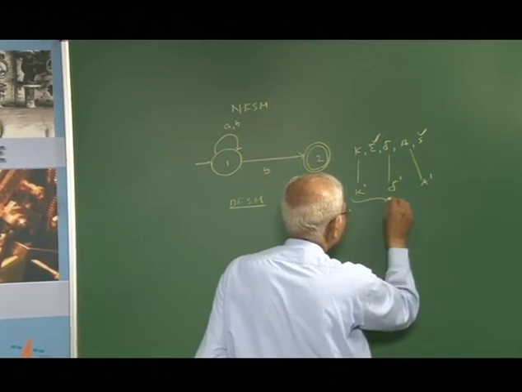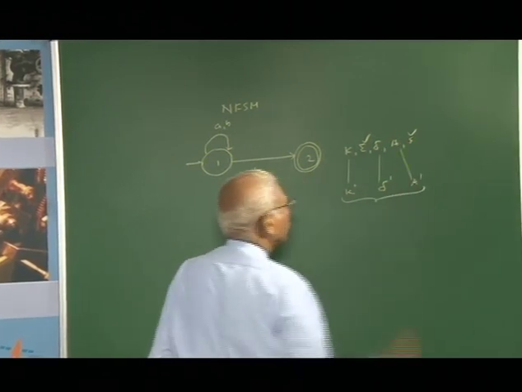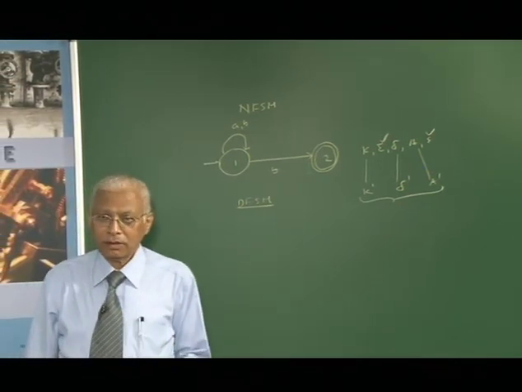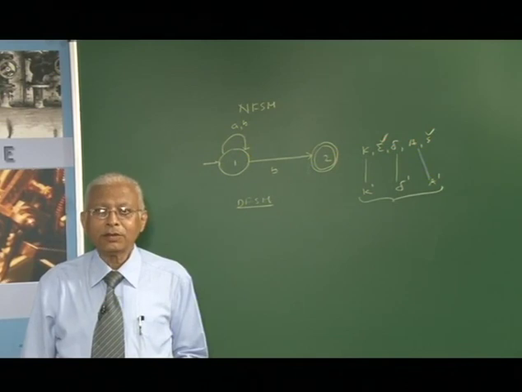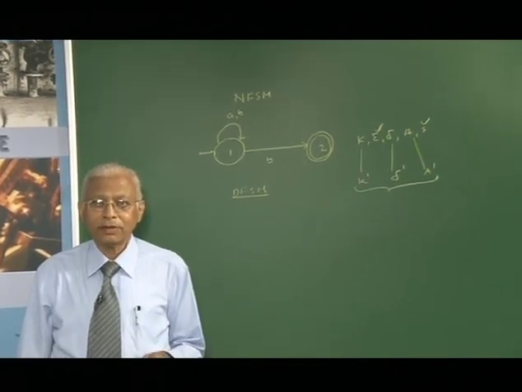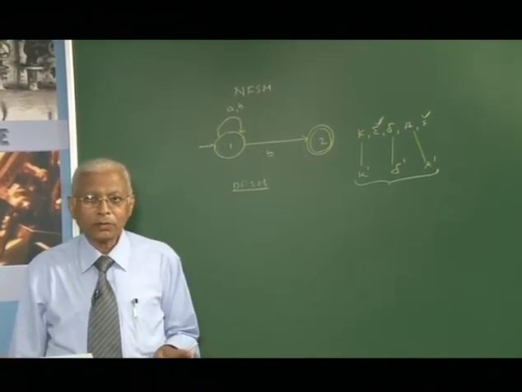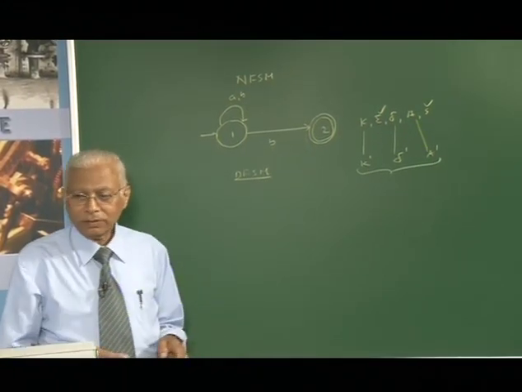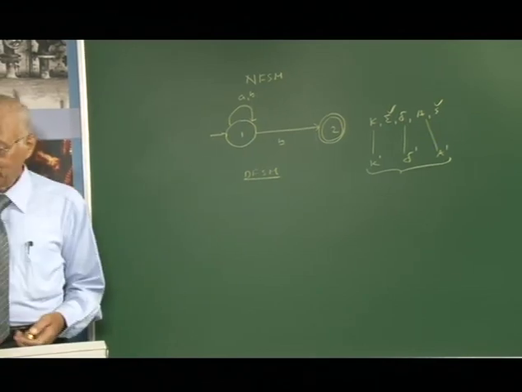The start state of the deterministic and the non-deterministic finite state machine will be the same, so you do not have to think about it. Now, the way of calculation will be like this.